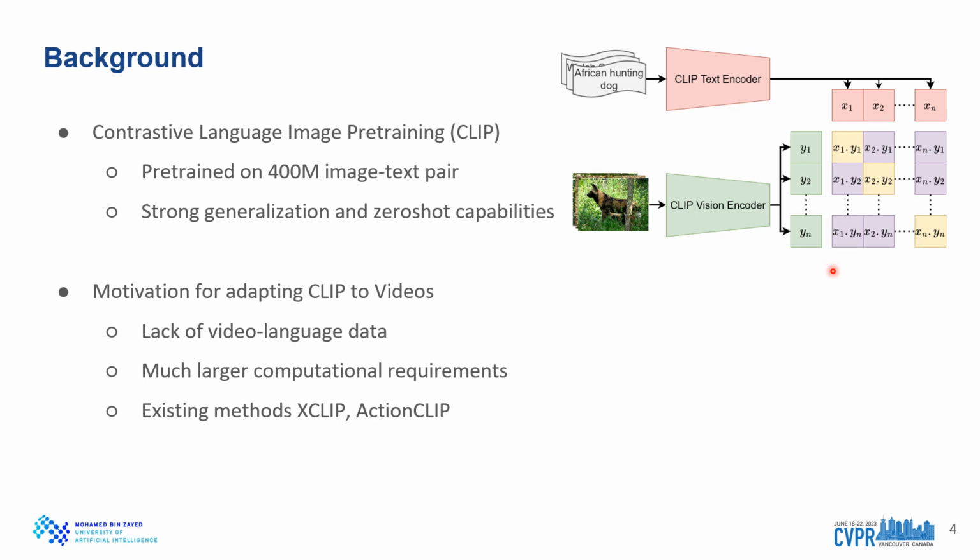Therefore, there's a lot of motivation to adapt an existing image text pre-trained CLIP model to videos by training it only on a very small video data set. And there are methods that already exist, like X-CLIP and Action-CLIP, but there are some limitations with these methods that we'll highlight, and then we will propose our solution, which solves those problems.